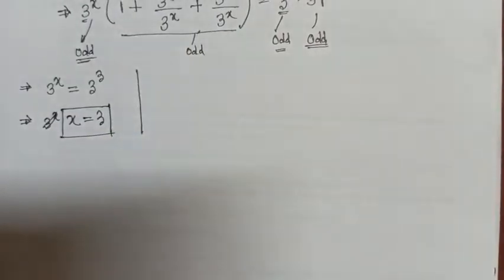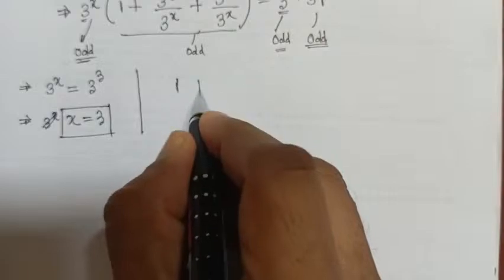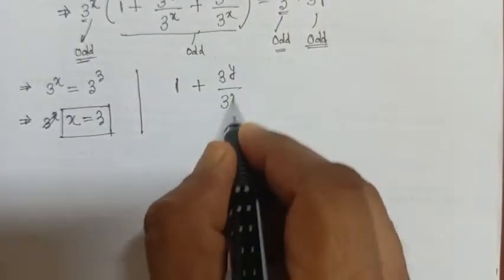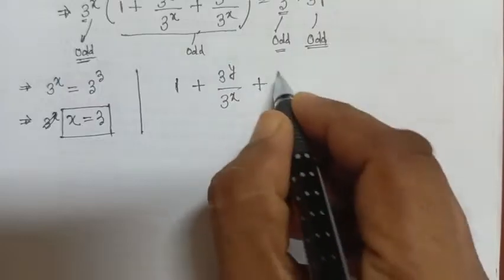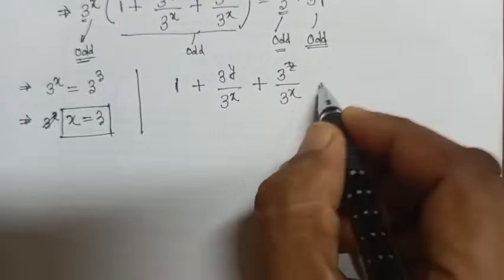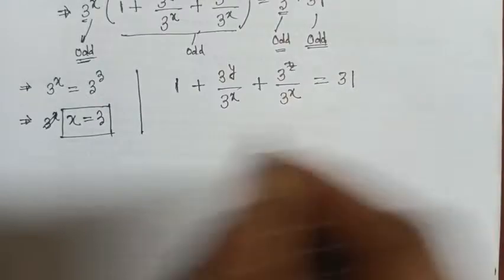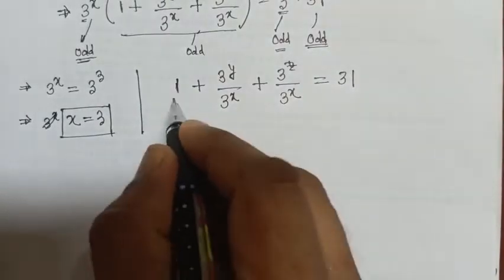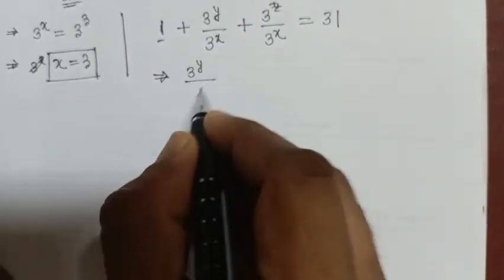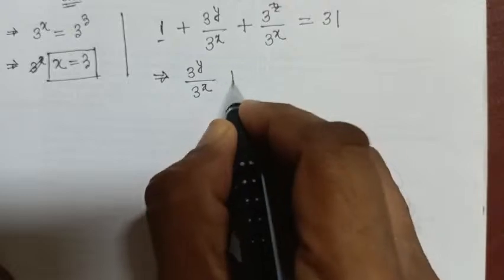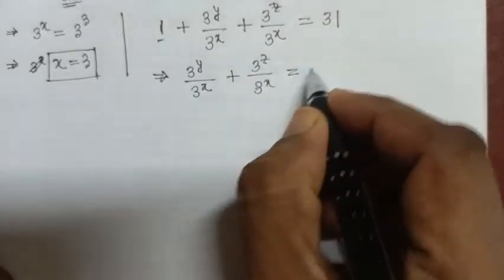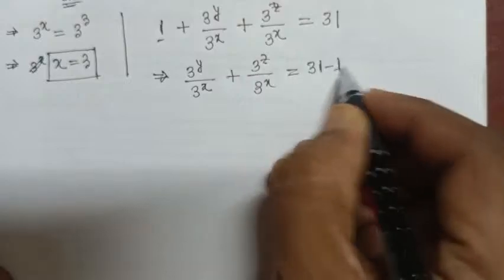Now again the other part should be 1 plus 3 to the power y by 3 to the power x plus 3 to the power z by 3 to the power x is equal to 31. Now if we move this 1 to the right hand side, we get 3 to the power y by 3 to the power x plus 3 to the power z by 3 to the power x is equal to 31 minus 1.